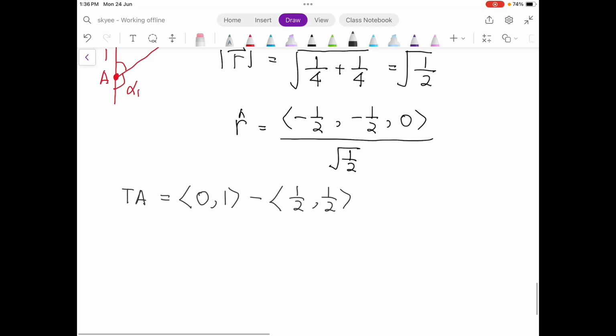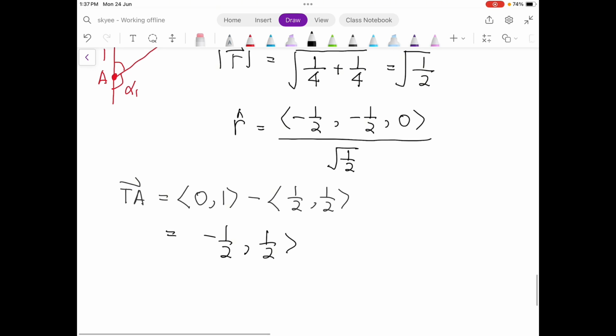When you want to know the distance, you get negative 1 over 2, comma, 1 over 2.